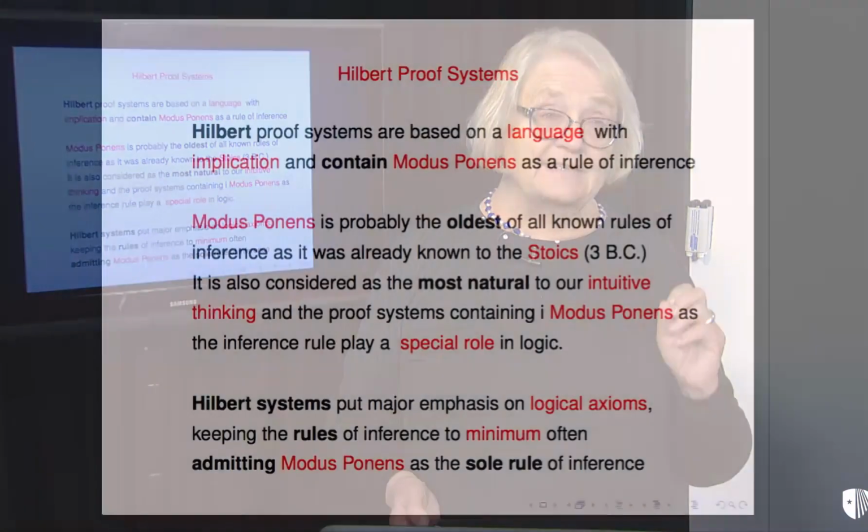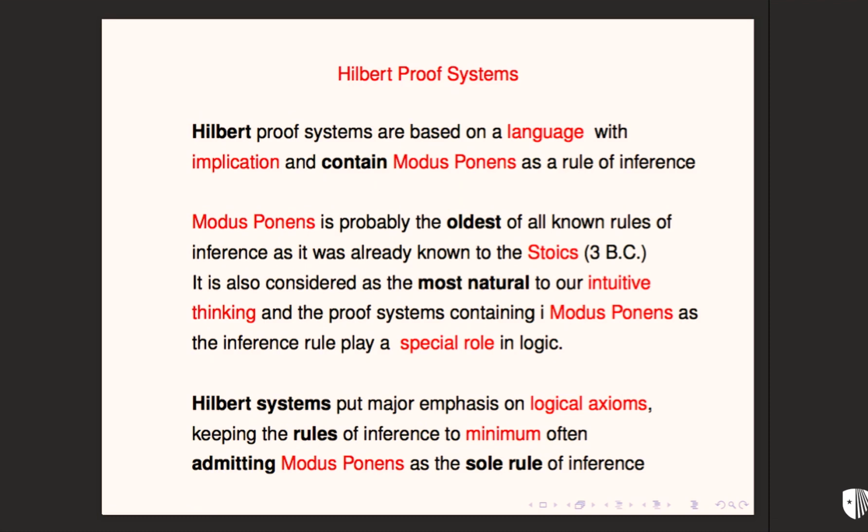These are called Hilbert proof systems. In general, proof systems which are called Hilbert proof systems are based usually on the language with implication and contain modus ponens as a rule of inference. Modus ponens is probably the oldest and best known rule of inference, known in the 3rd century before Christ, and it's also considered the most natural and intuitive way of thinking.